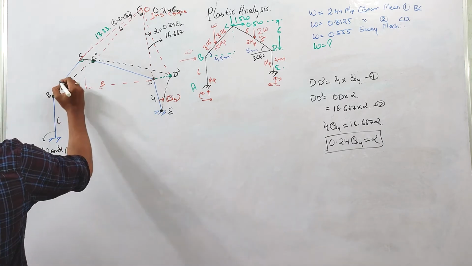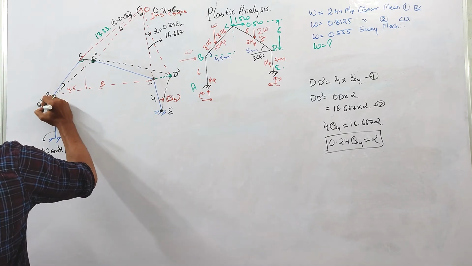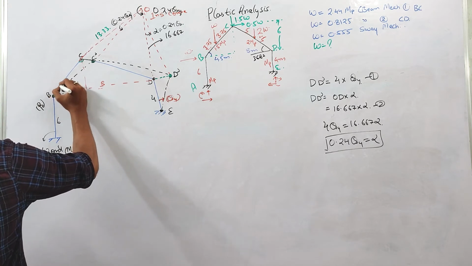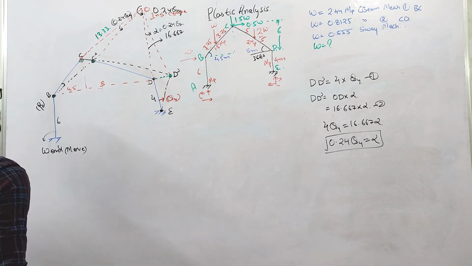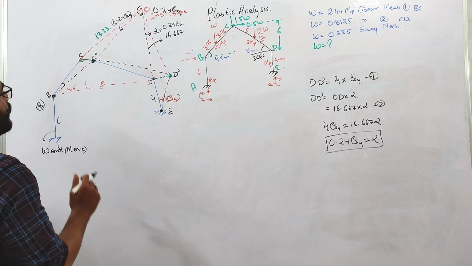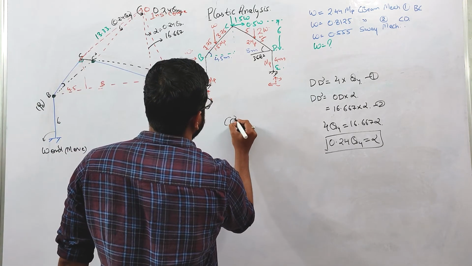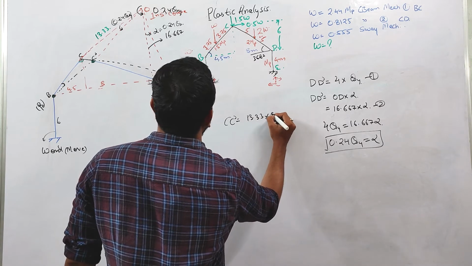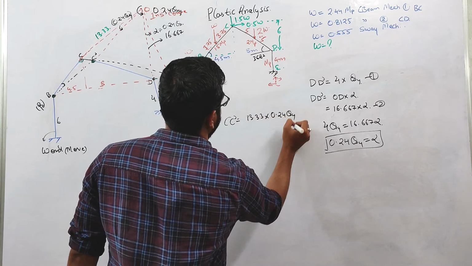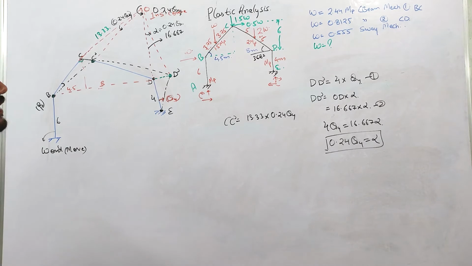Now what will be this angle? Let us say this is beta, because there is rotation at the hinge, rotation for this BC member. What will be the value of this beta? So I can calculate what is CC dash. CC dash is nothing but equal to 13.33 into 0.24 theta 4, because this theta 4 is very small.